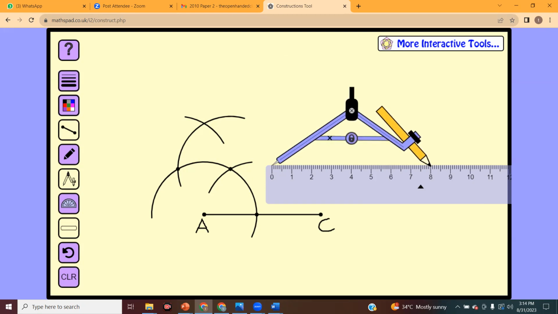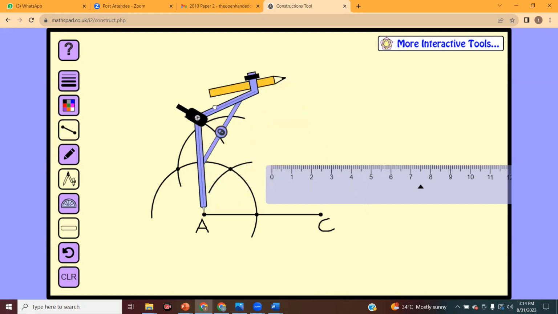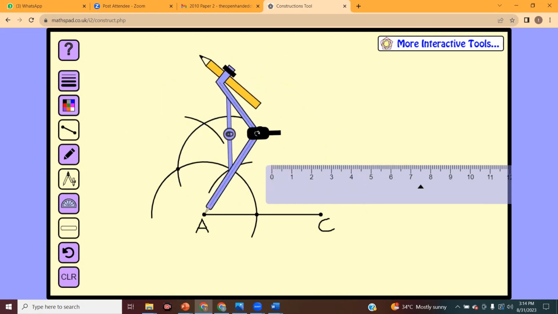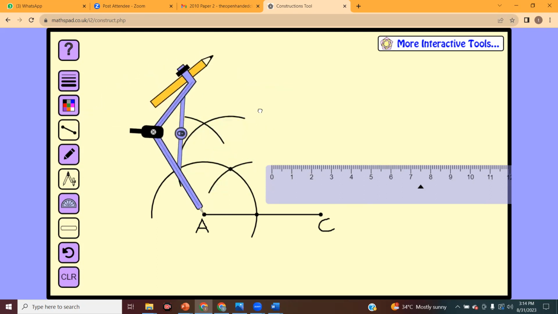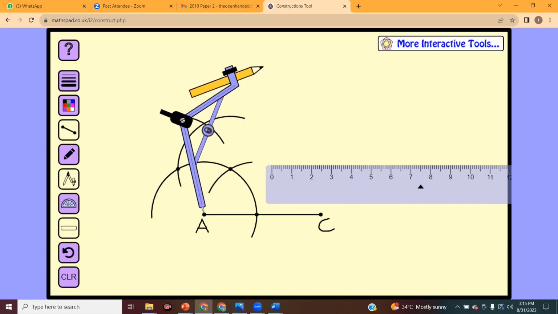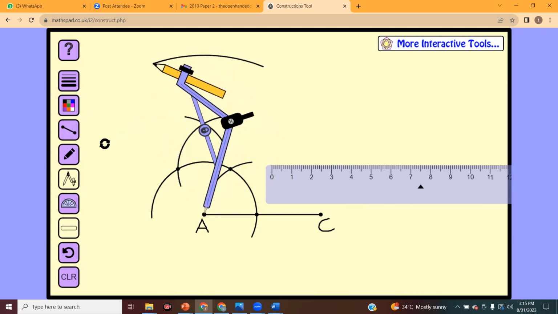We lock that in, and then we go to our point A, and we go all the way up, and then we have to draw an arc of 8 centimeters, right there. All right, draw an arc of 8 centimeters.